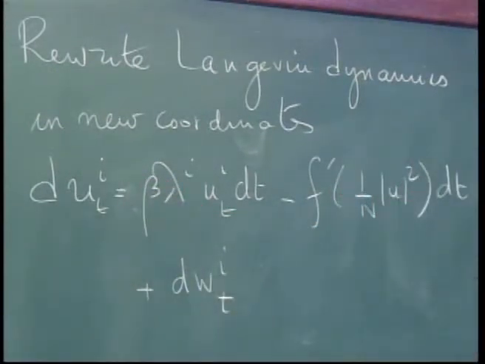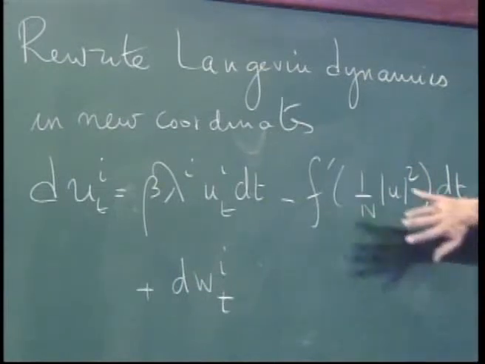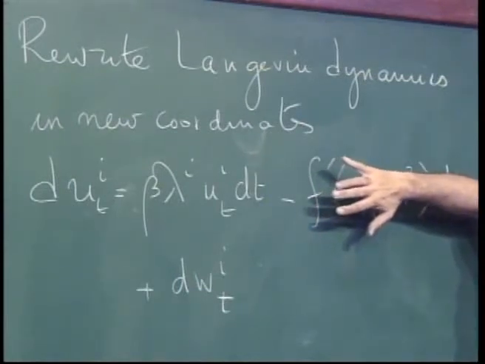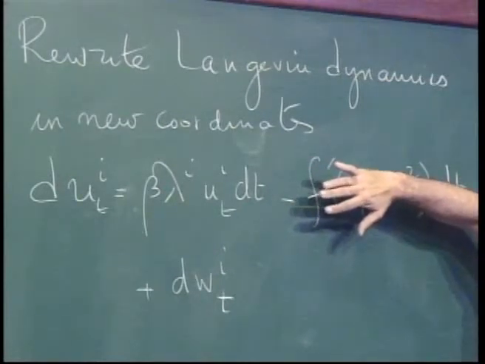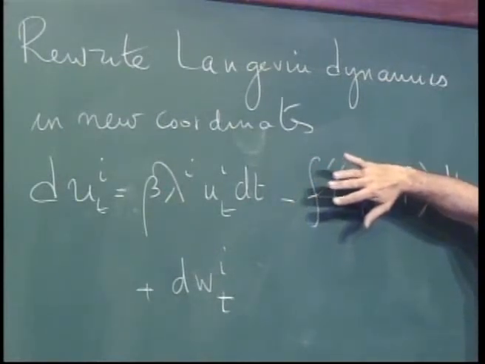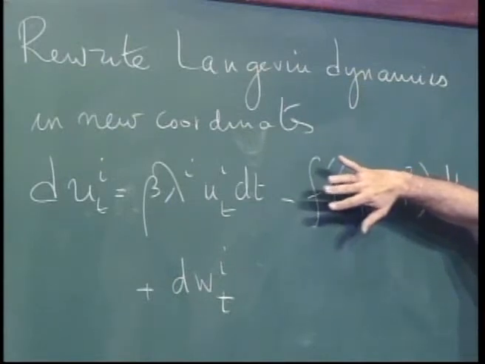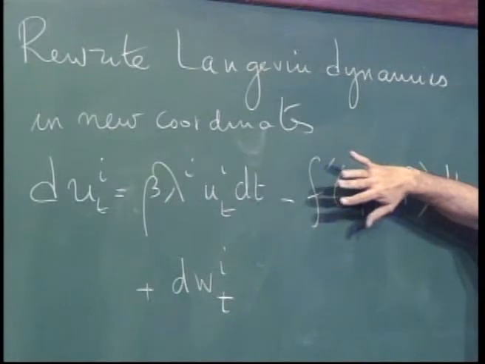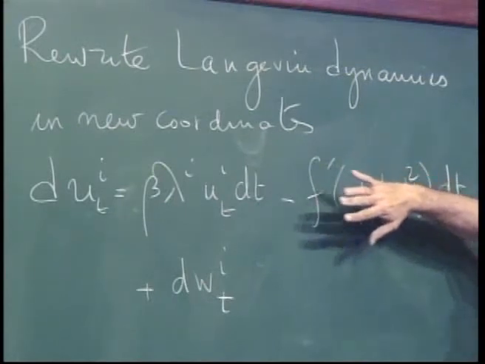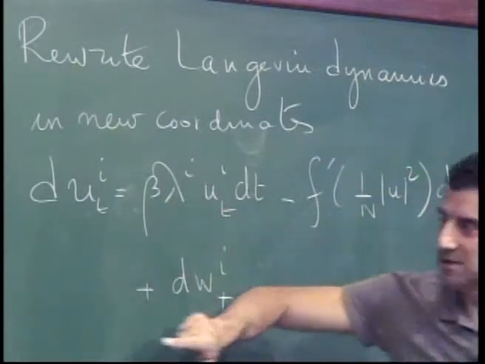Why? If you didn't have this term, you see this is purely Ornstein-Uhlenbeck. Right? But without this term, this Ornstein-Uhlenbeck, half of it would explode. Because look, these lambda_i's are distributed like this.